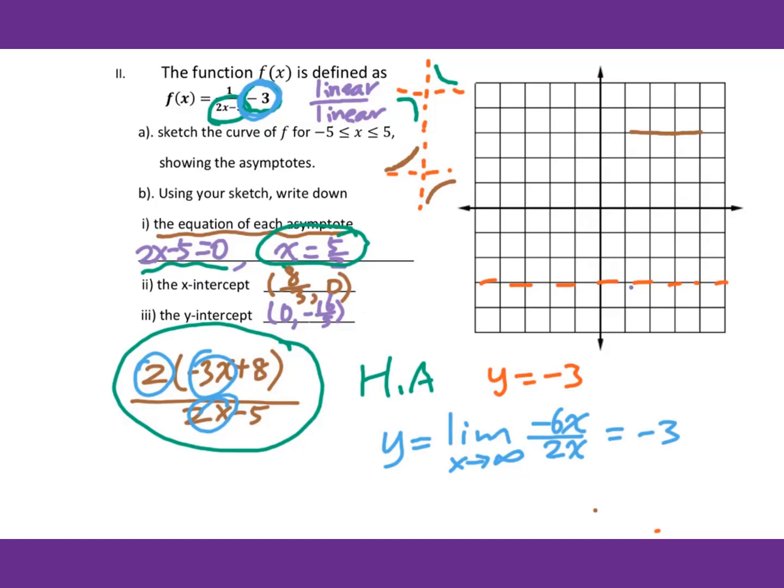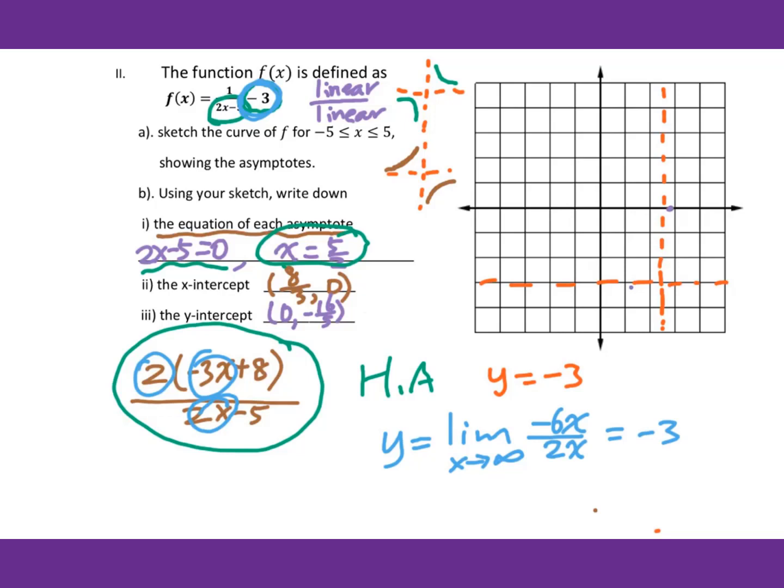And the vertical asymptote line is 5/2, means 2.5. Get x-intercept, that's 8/3, means 2.6.